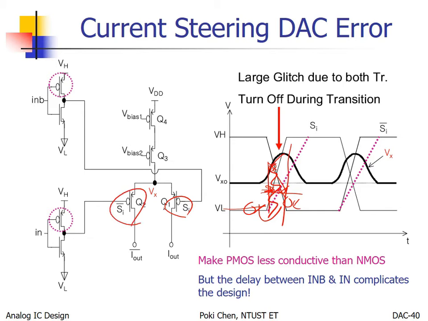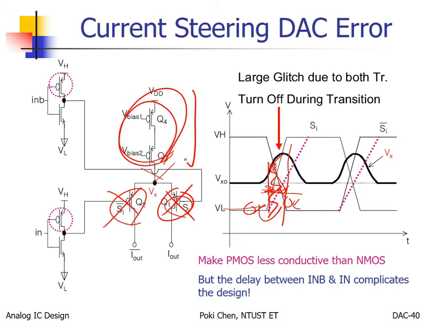So when you and me both are off, what will happen? For a current source, it hates very much to be turned off, according to its very high output resistance. So even if you cut it off, the current source would try its very best to conduct the same output current.